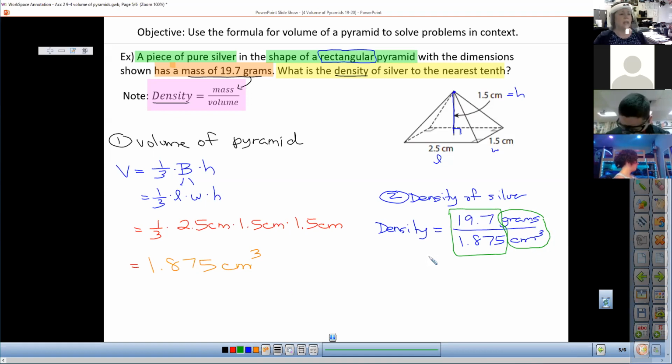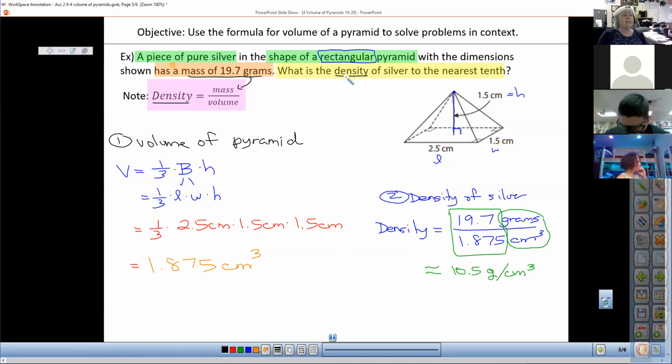And this is to the nearest tenth, so we'll take that 19.7 divided by 1.875. And so to the nearest tenth, we get about 10.5. And our units would be grams, and I'm going to abbreviate with my G, per centimeters cubed, like so.